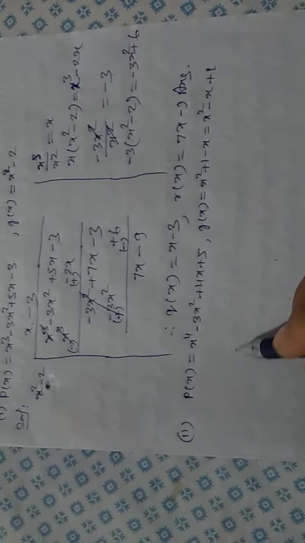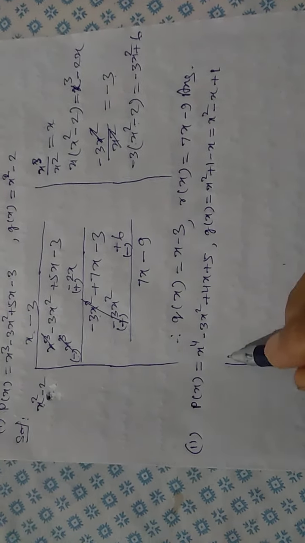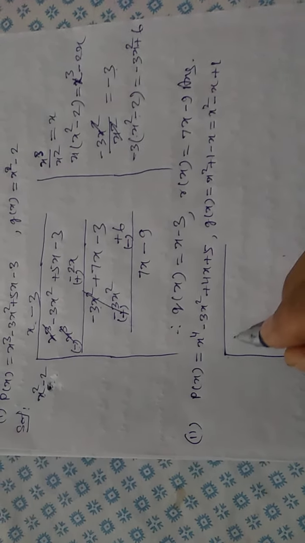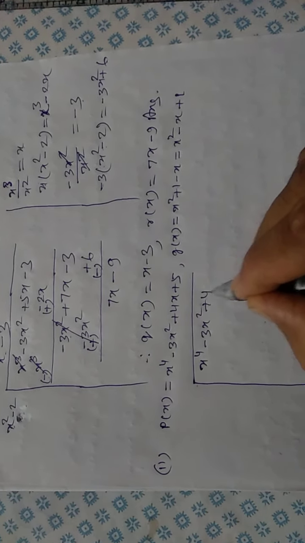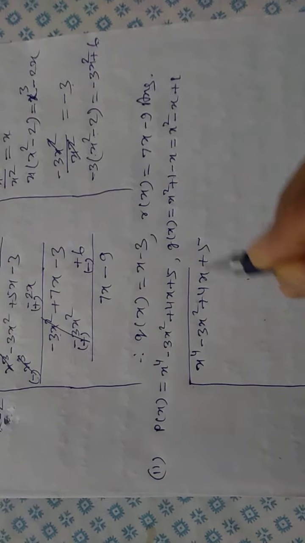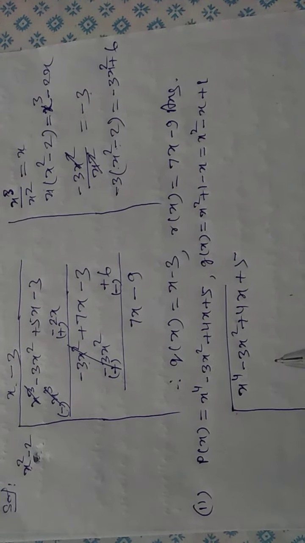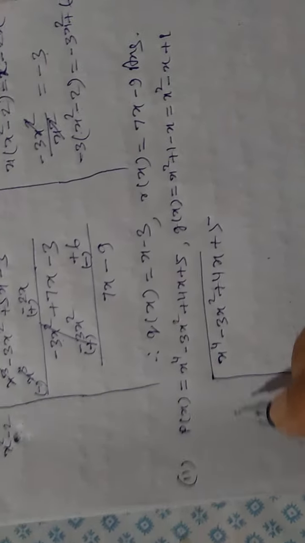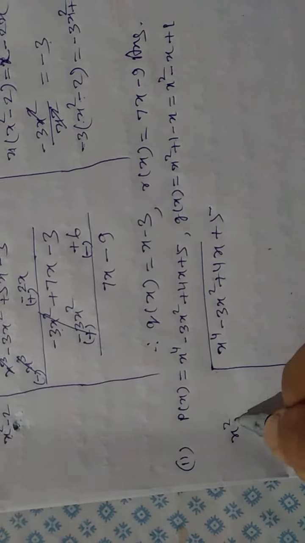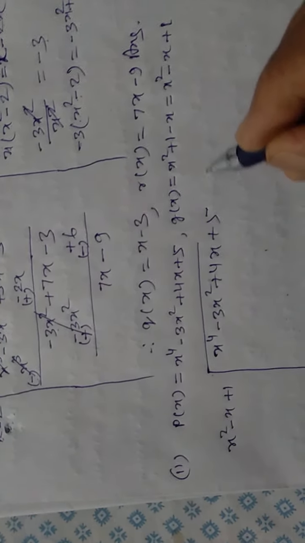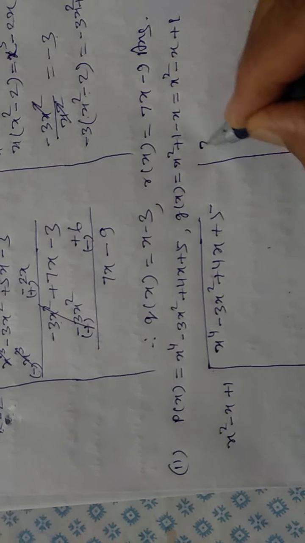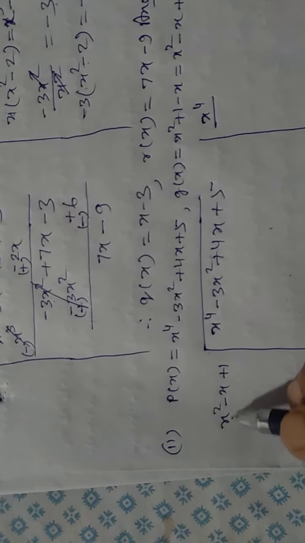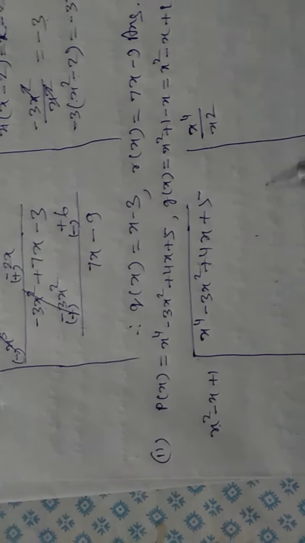Now divide x to the power 4 minus 3x square plus 4x plus 5 by x square minus x plus 1. For the quotient, you will take this x to the power 4, divide it by x square.